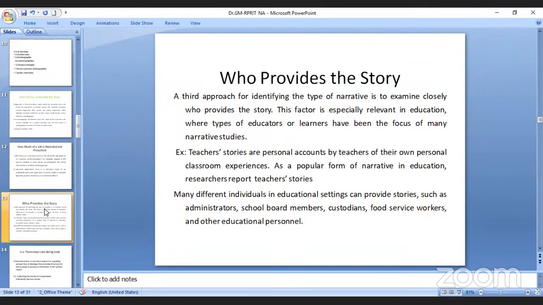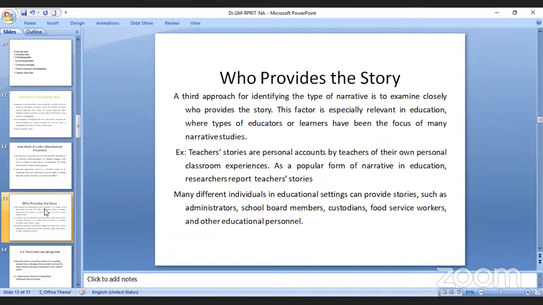Whereas if you take learner stories, because of their different dynamic backgrounds, their cultural background is different, their ethnic background is different, their values, traditions, family background, socio-economic status, family status. So you can find many narrative studies from the learners, whereas a teacher's story is a personal account.